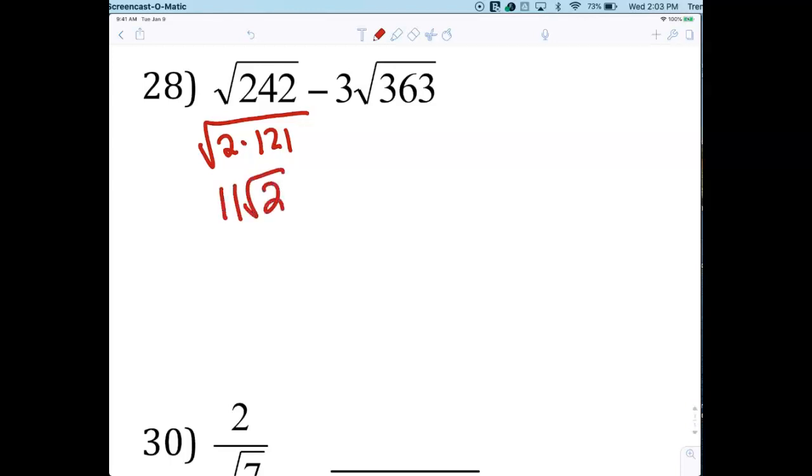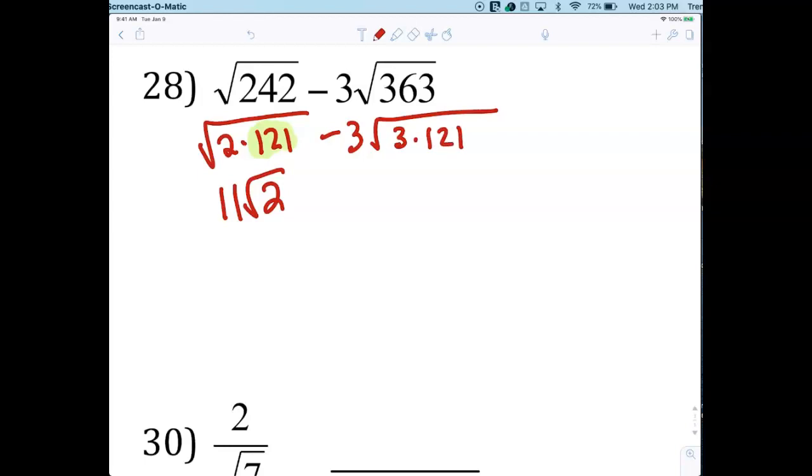Now, this one doesn't work the same as the last one because it's not even. But I'm still looking at 121 going, that's kind of suspicious. How many times? 3 times. So this is minus 3 times 121.